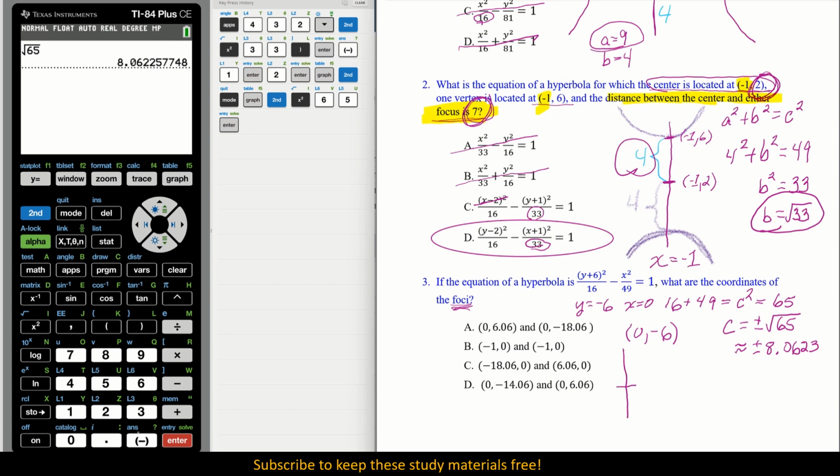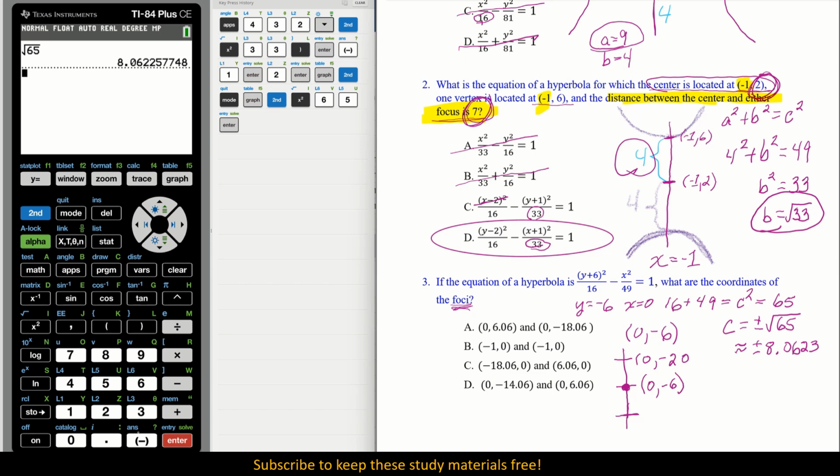So from the center, we go from -6, we go up 4, and that gives us (0, -2). And remember, this is (0, -6).